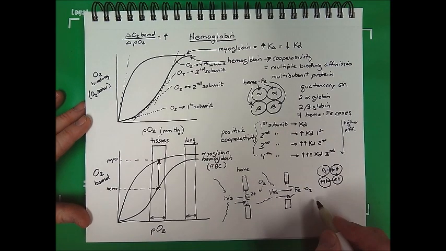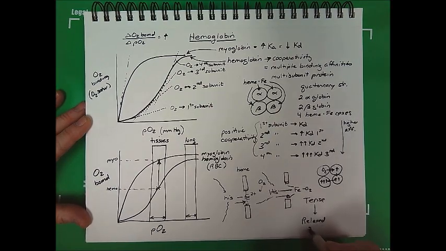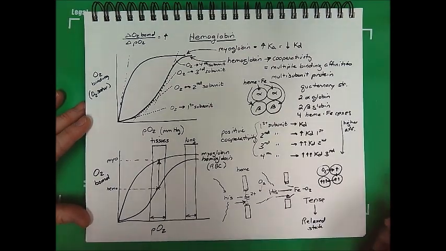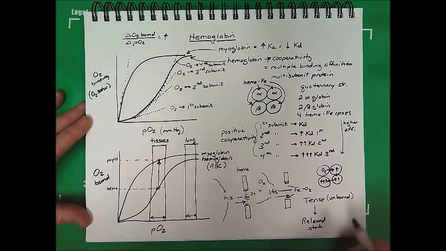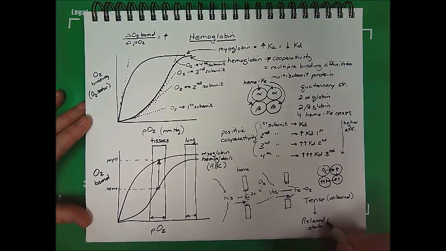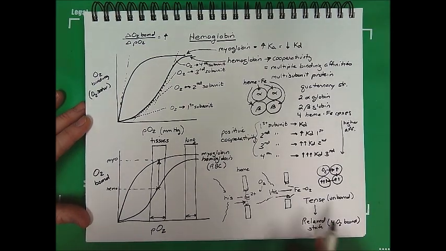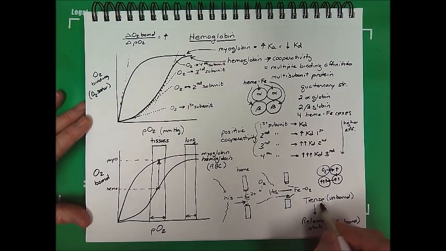The way the textbooks like to draw this is going from what's called a tense to relaxed state. So tense is the unbound form of hemoglobin. Relaxed is with 4 oxygens bound. Now the way I like to remember this is that tense, think of a wound spring.